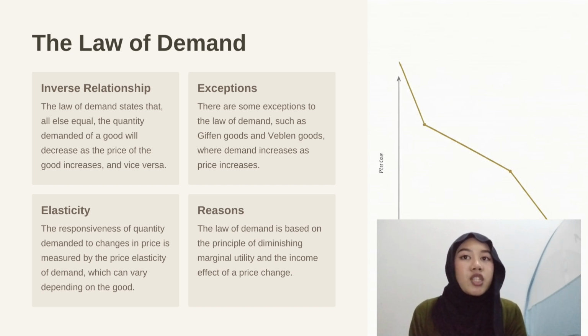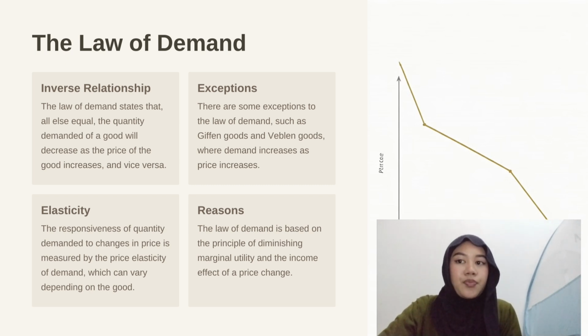There are some exceptions to the law of demand, such as Giffen goods and luxury goods, where demand increases as price increases. Elasticity. The responsiveness of quantity demanded to changes in price is measured by the price elasticity of demand, which can vary depending on the good.